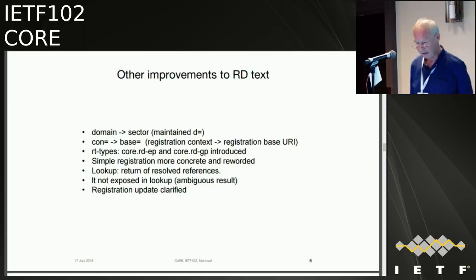And the lt, that is the lifetime, is not exposed in the lookup anymore because it gives ambiguous results. Is it the lifetime as we specified, or is it the lifetime which is still left, or is it the lifetime which has been consumed? We left that out. And the update of the registration has been clarified. I think that is about all.